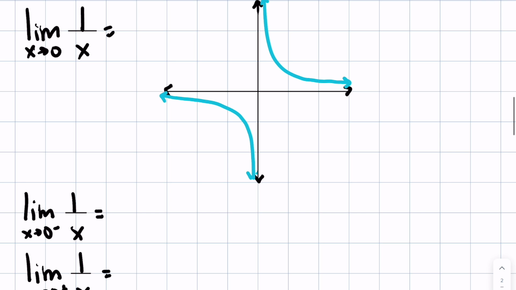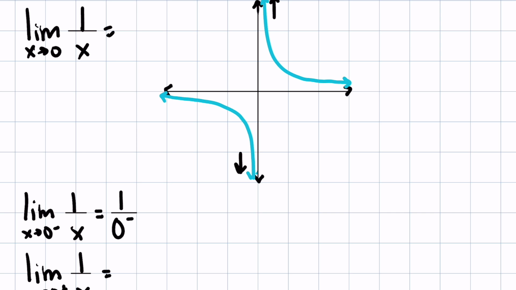Now, this problem's a little bit different. We can see just looking at the graph, as we approach 0 from the left, we're going towards negative infinity, and as we approach 0 from the right, we're going towards positive infinity. So let's break this down into left and right limits in terms of how we actually compute it. From the left, when we plug in 0 from the left, we have 1 over 0 from the left.